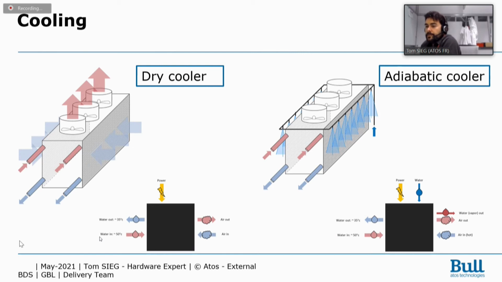You will provide the heat exchanger with hot water, for example from your direct cooling system, from your climatic exchanger in the room, etc. The hot water will go through this black box and go back to the data center at a lower temperature.